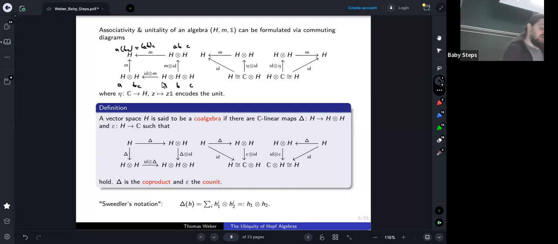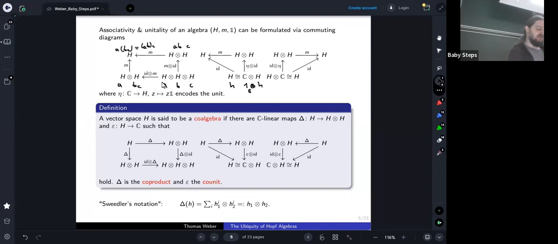Yeah. So here, what is happening? You have H here, which you can just tensor with the complex numbers. This doesn't change anything. So the isomorphism is given like this. You have the 1 in C, you have H. You go up via this map eta. Eta is just the unit map.